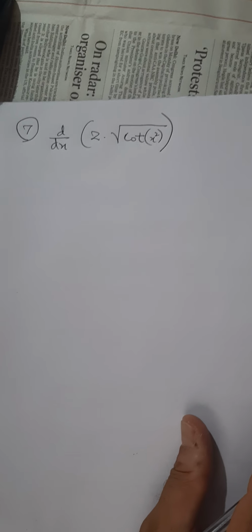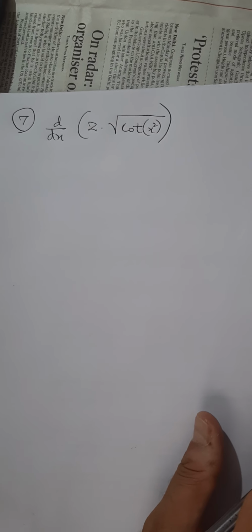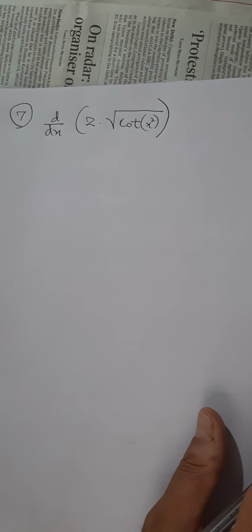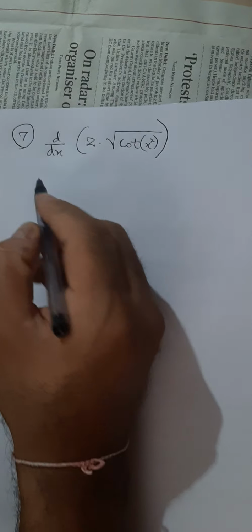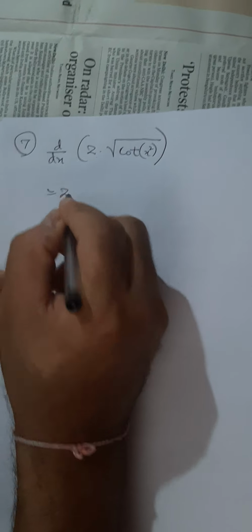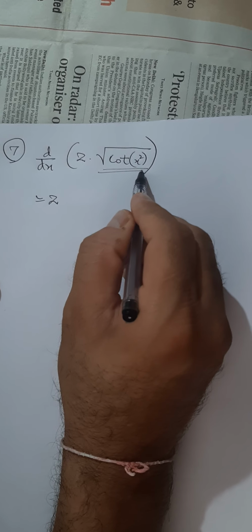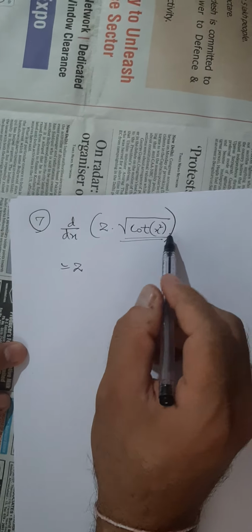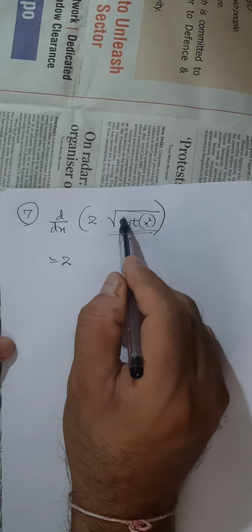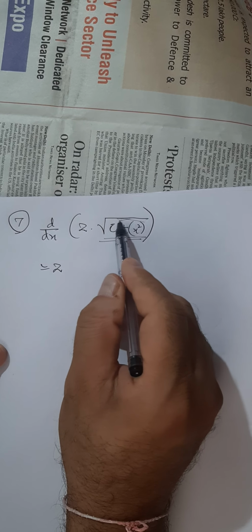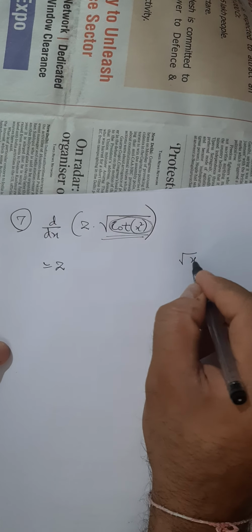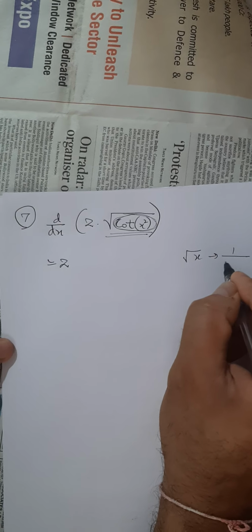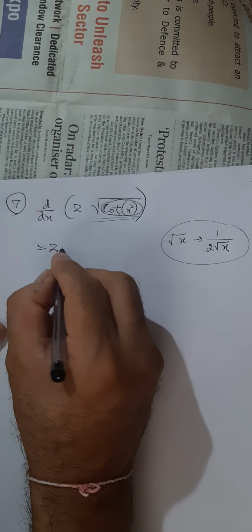Next function is d by dx of 2 into root of cot of x square. Now 2 is constant, so 2 remains as it is, remember, if you are constant with the function. So differentiation of this. Now as we discussed earlier, we imagine this as x. Recall what is the derivative of root x? You know it is 1 upon 2 root x. This much you know. I'll imagine this as x.